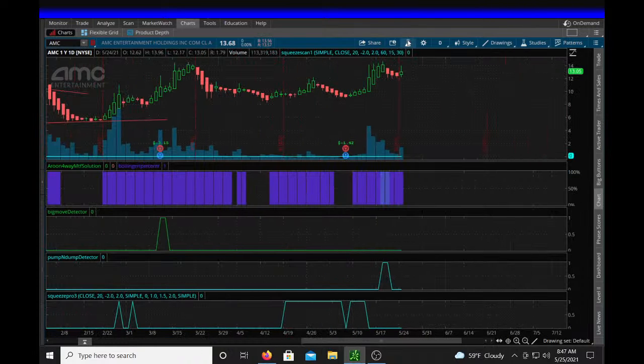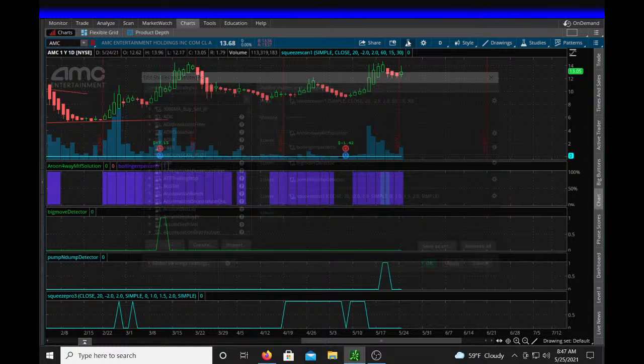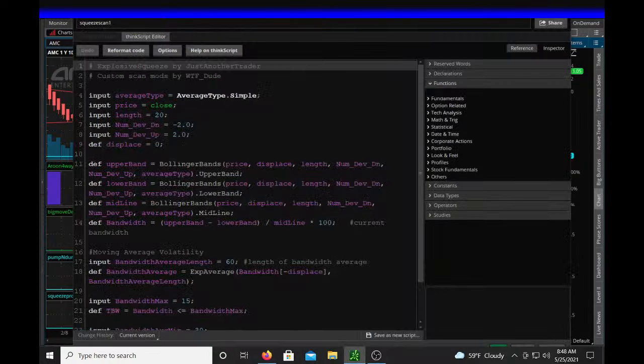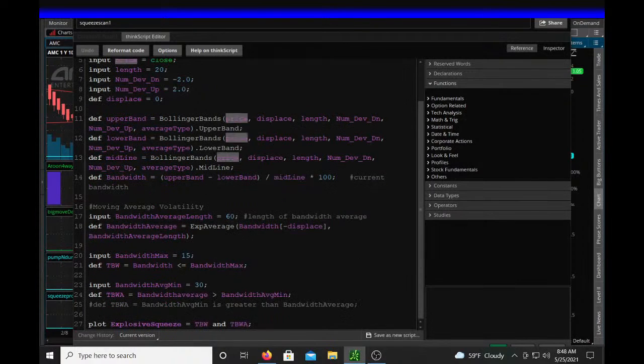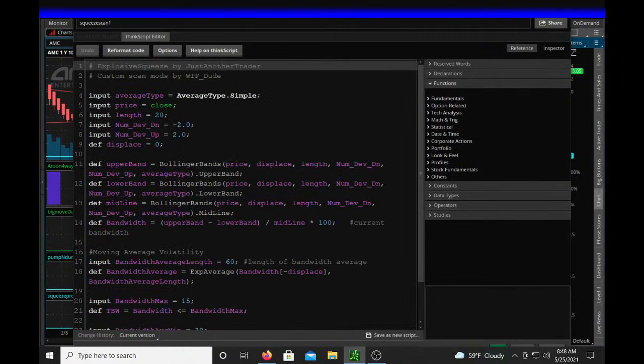Interesting. We're going to want to get rid of that. It probably needs to be down lower. Okay. Just another trader. Custom scan mods by WTF, dude. All right. Cool. Very good. So this is Squeeze Scan 1.